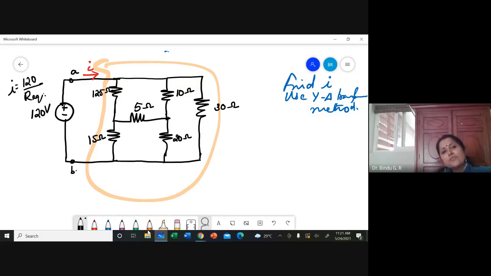So you are asked to find the R equivalent. R equivalent, or I, can be found in many ways, but you are specifically asked to find it using the star delta conversion method. So let's try that.